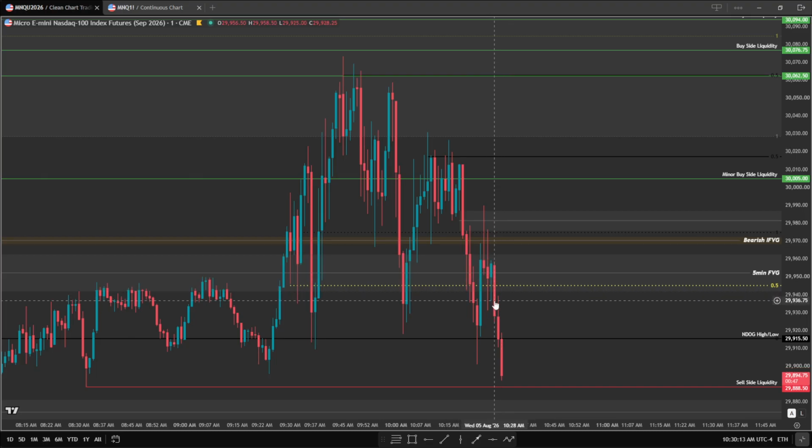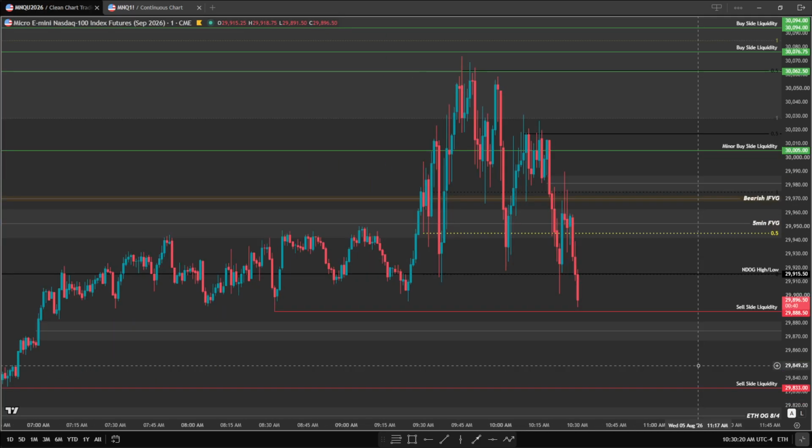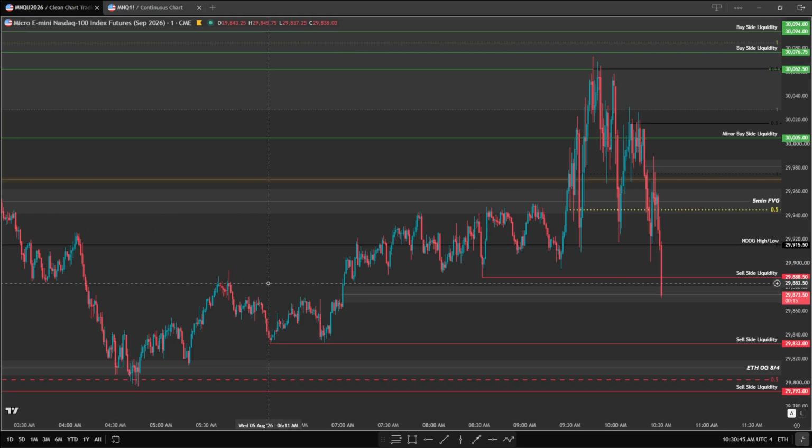Immediate rebalance, and it ran lower. This inefficiency was formed at 7, so that's important. And it's right below the liquidity, so that's why I have that annotated.